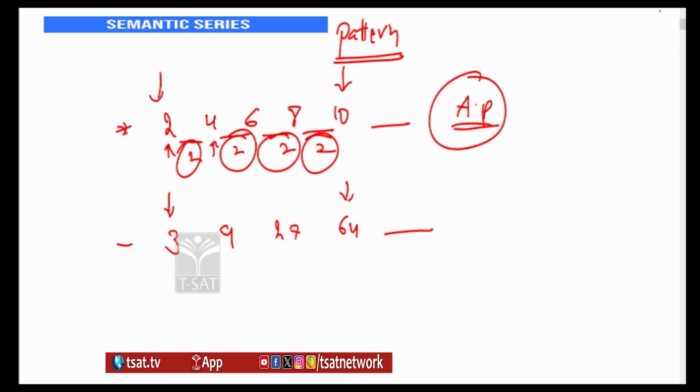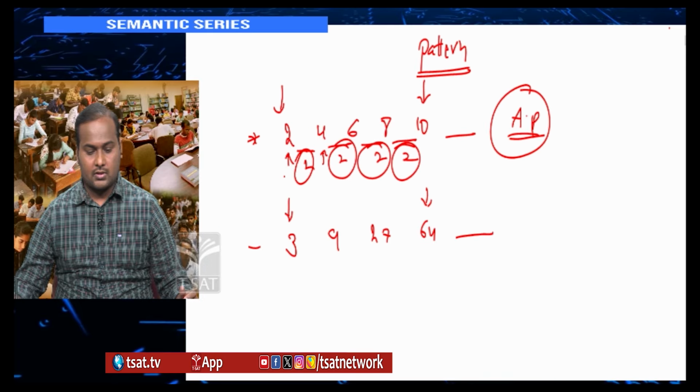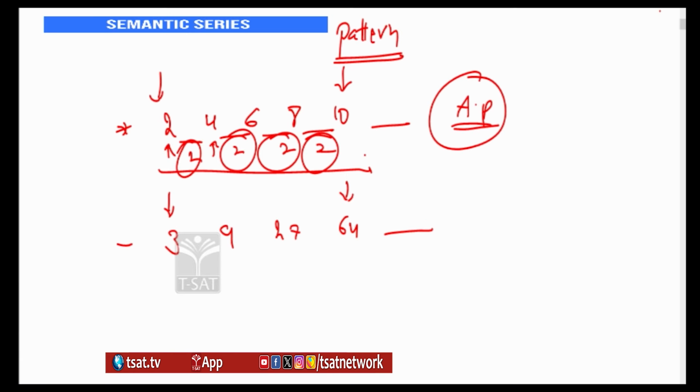So whenever the increase is very small, we take the difference, and whenever it is a huge jump, we can say it is in terms of multiplication, in the process of GP, geometric progression.